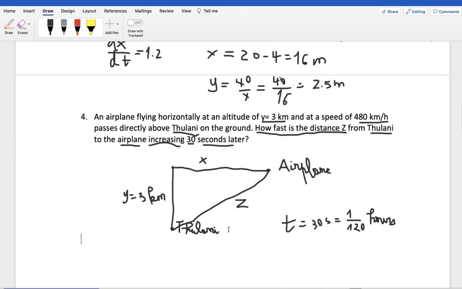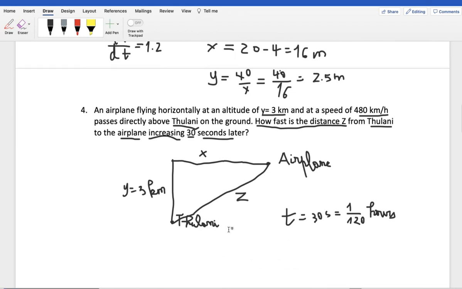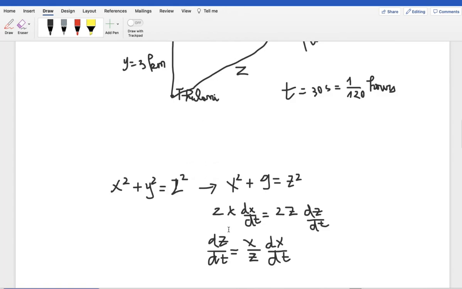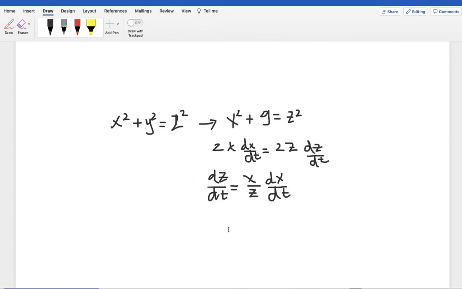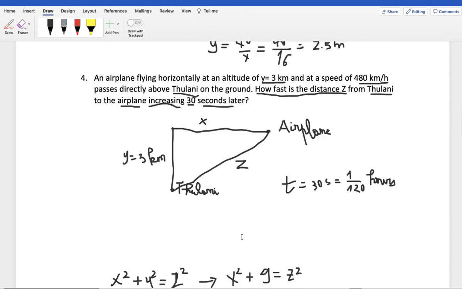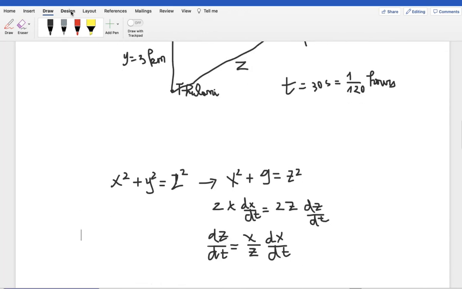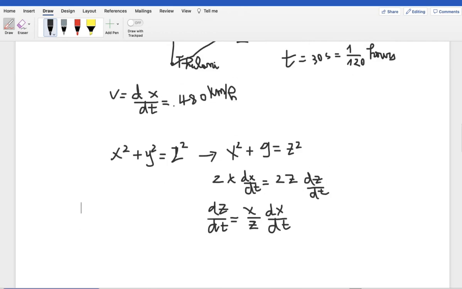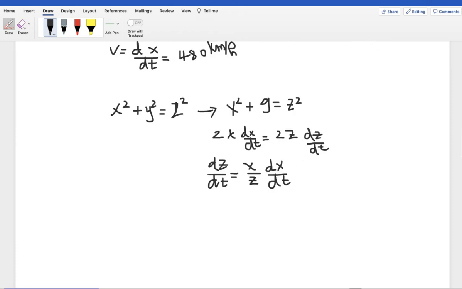So what is x at t equal to 30 seconds, right? So we already know that dx dt is equal to 480 kilometers per hour, right? So x is changing at that rate.